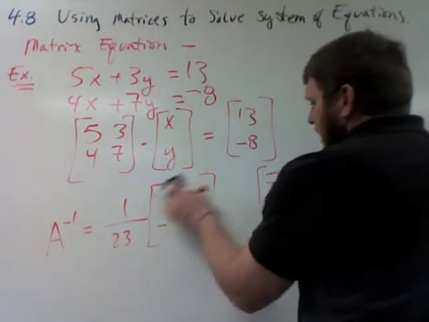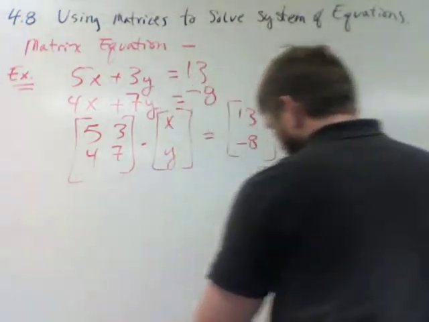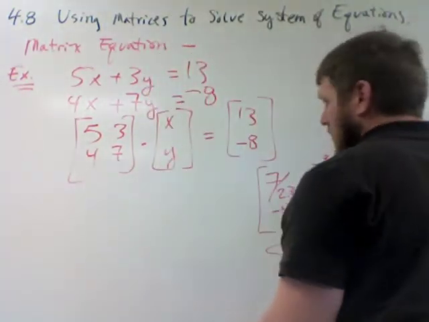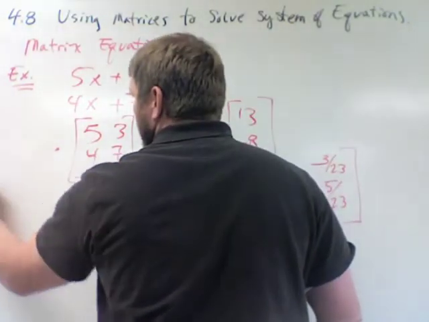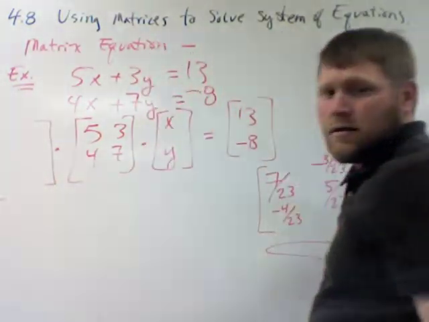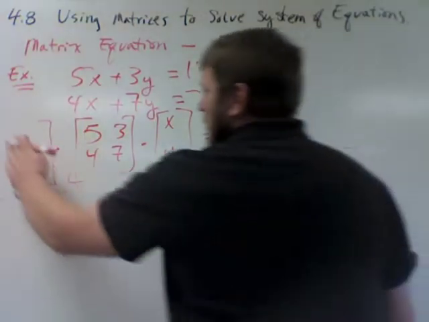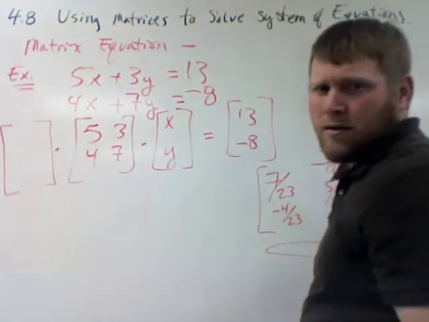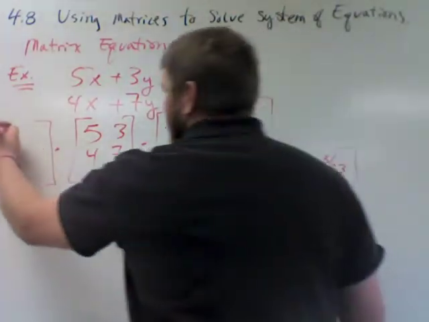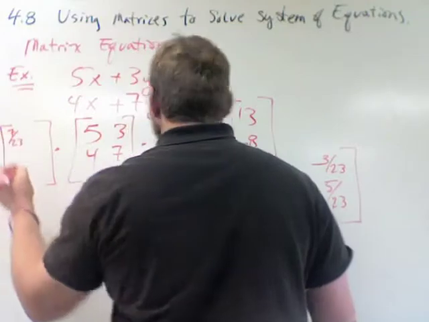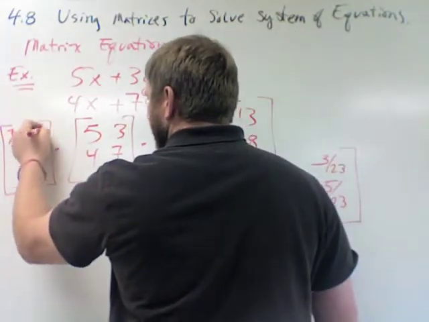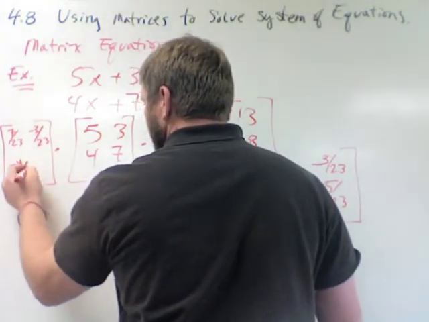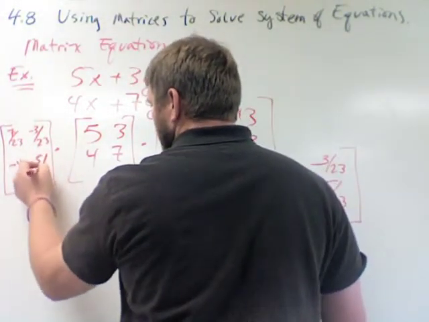Okay, so let's go ahead and take that and multiply this side. I get 7 23rds, -3 23rds, and then -4 23rds, and then 5 23rds.